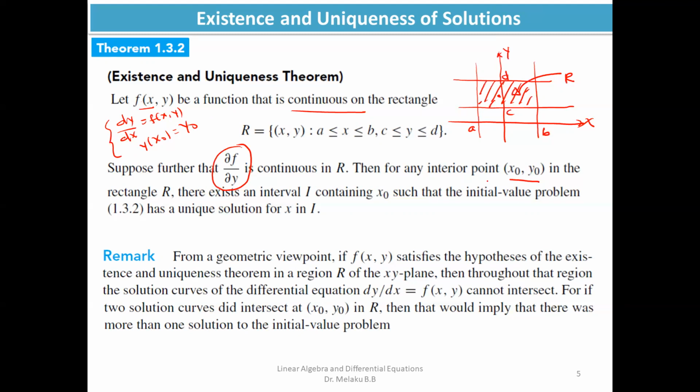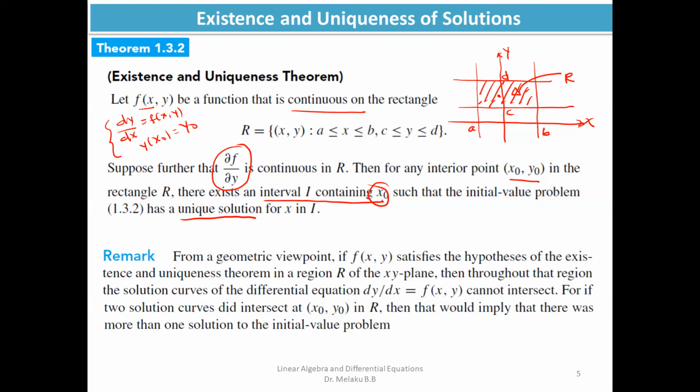Then for any interior point x naught, y naught in the rectangle R, there exists an interval I containing this x naught, such that the initial value problem here has a unique solution. You see, now this is about the existence and the uniqueness of the solution for a certain initial value problem.